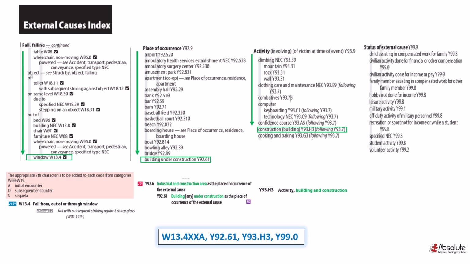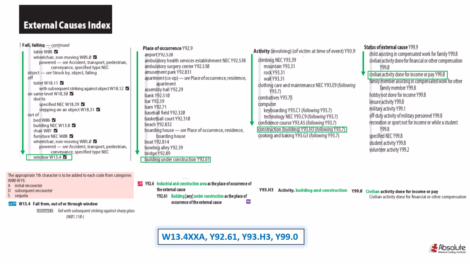Lastly, let's go ahead and search for the status of external cause. So the status of external cause is going to be civilian activity done for income or pay. That leads you to Y99.0. The correct answer is going to be Y99.0, civilian activity done for income or pay.